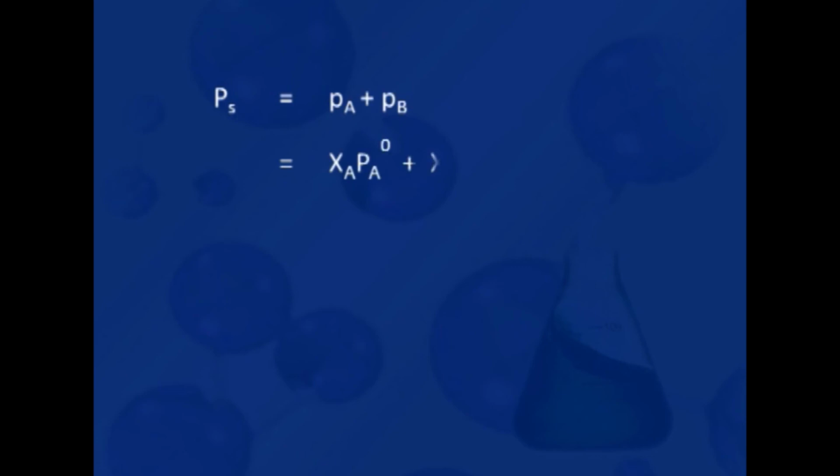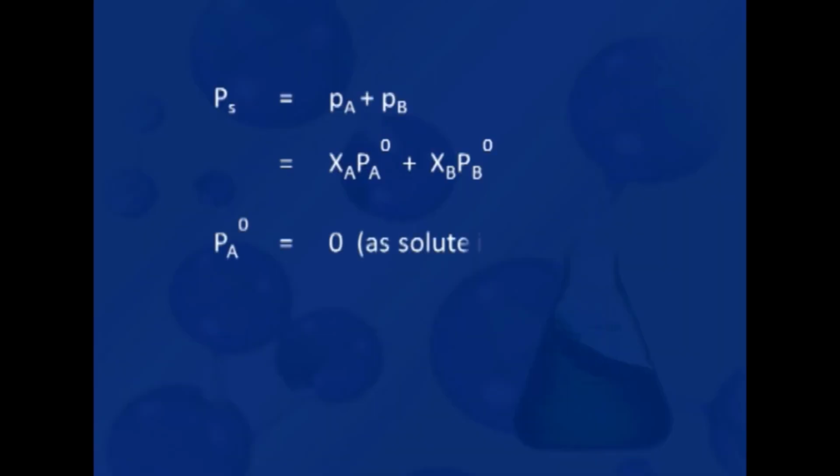Here Ps is the total vapor pressure of the solution, Pa is the partial vapor pressure of the solute, and Pb is the partial vapor pressure of the solvent. As the solute is non-volatile, Pa will be equal to 0. Putting Pa equal to 0, you will get Ps is equal to Xb P naught B.